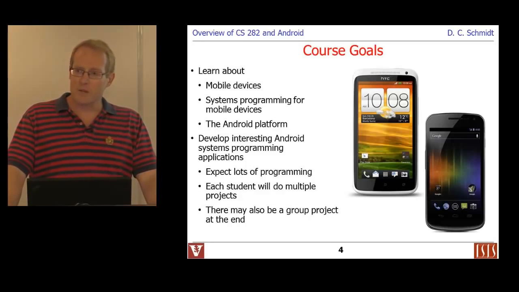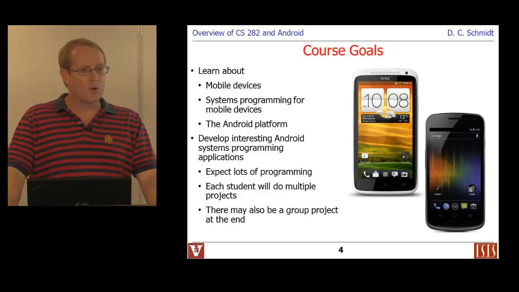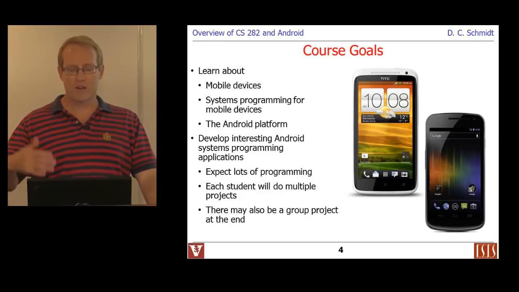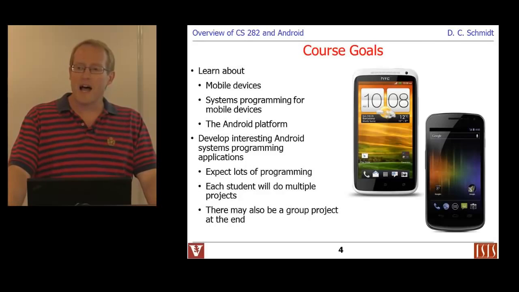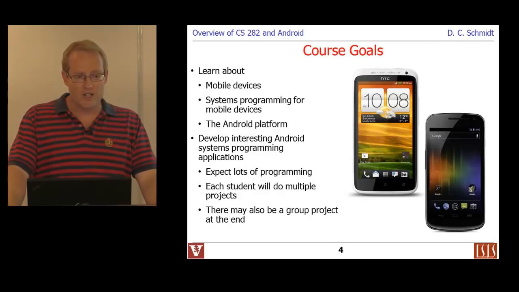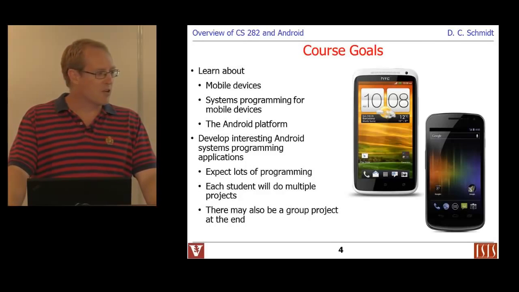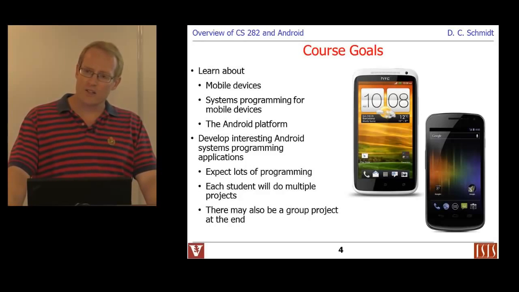We're going to be developing a bunch of different applications. We'll start out the course with probably 4 or 5 assignments where I give you the spec and you implement against the spec, and then I'll review your work. Those of you who've taken CS 282 or 251 will know the drill here. And then we might have a project towards the end that may be either an individual project or a group project, still TBD.